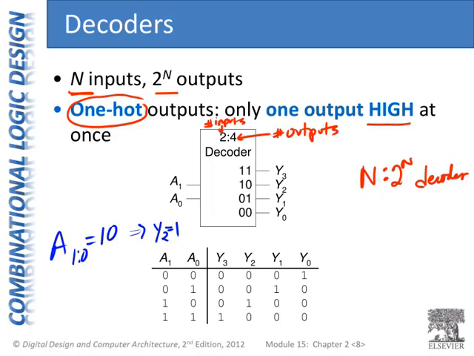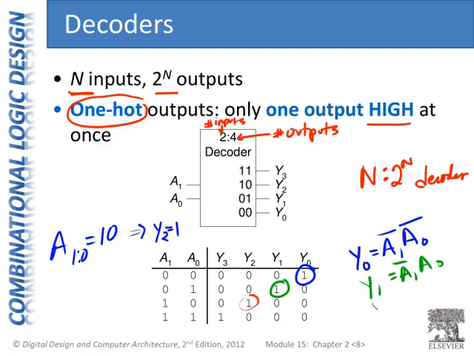For the decoder implementation, we go to our go-to method of sum of products. Here we have a 1 in Y0. That's the only one we get. Y0 is A1 bar and A0 bar. Y1 is A1 bar, A0. Y2 is A1, A0 bar.